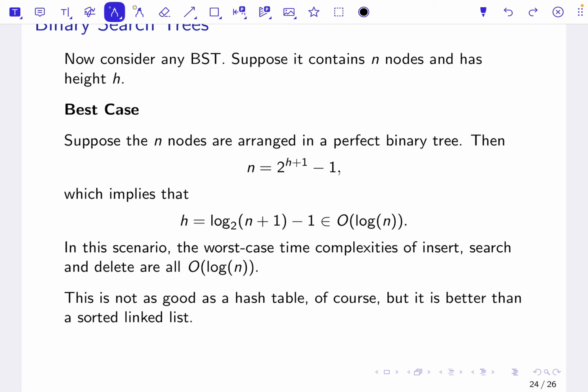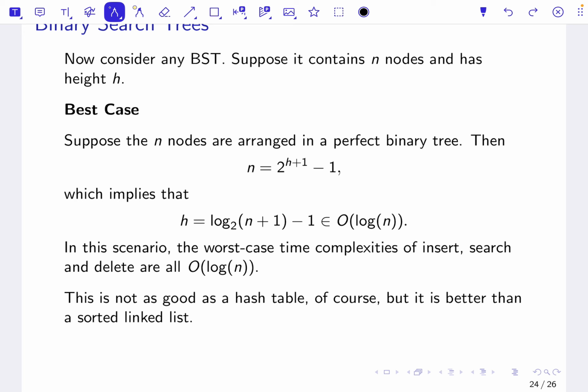It's logarithmic. This makes it so the worst case time complexities of insert, search, and delete, which we previously found to be big O of h, are all big O of log n. Not as good as a hash table, but better than a sorted linked list. Plus, we can traverse the data structure. Yay!